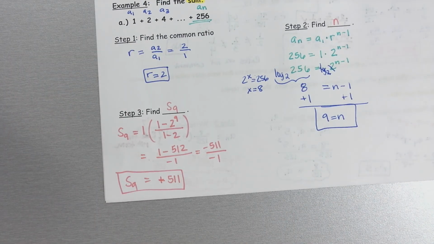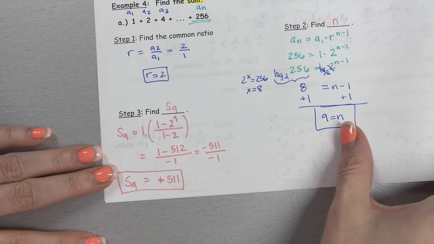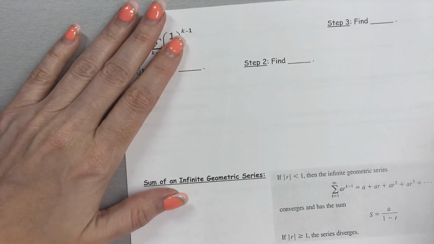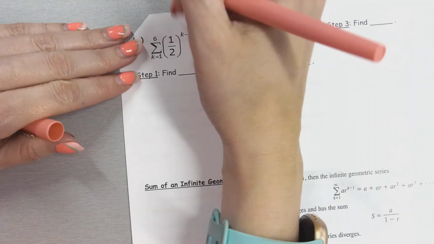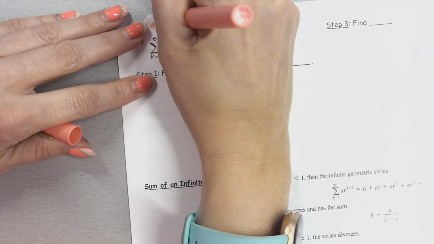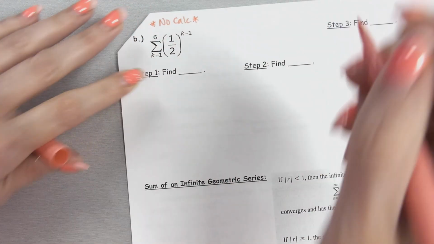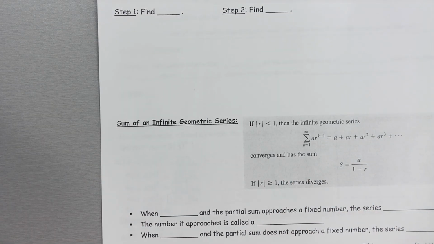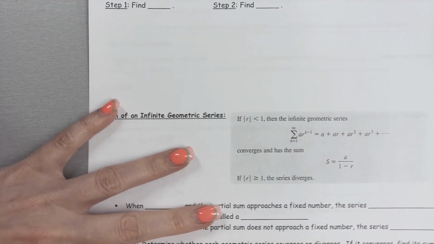Alright, now, when you are given a value with the summation symbol, ones like this, when you are doing your assessment, are going to be no calculator. Otherwise, you could just use your calculator for the summation.